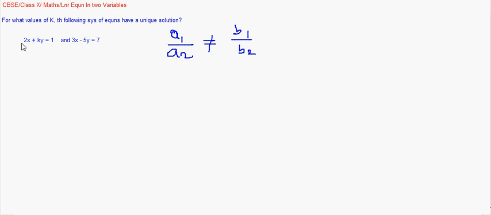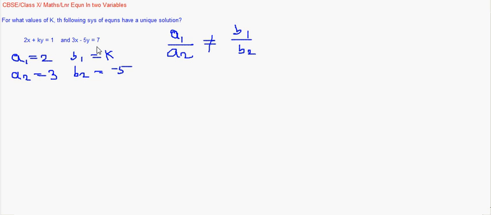From the given equations, let us note down: a1 is 2 and a2 is 3. Similarly, b1 is k and b2 is minus 5. We don't need c1, c2, though they are 1 and 7.